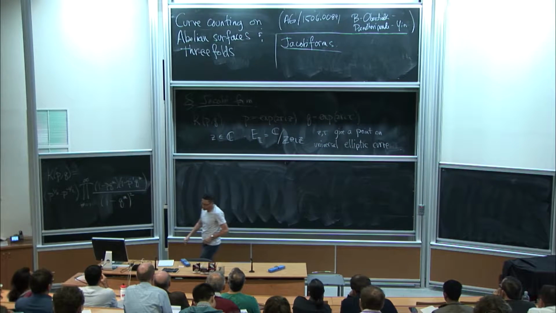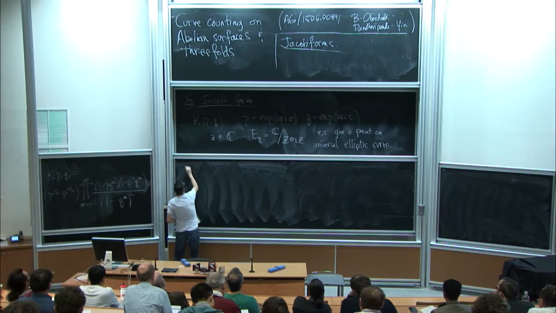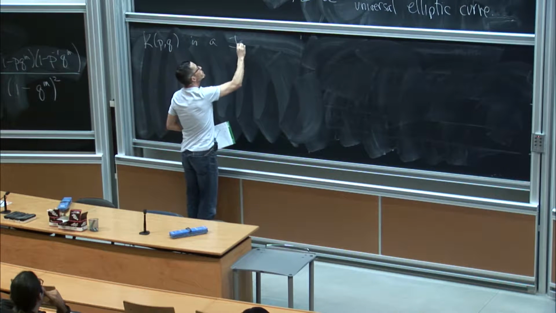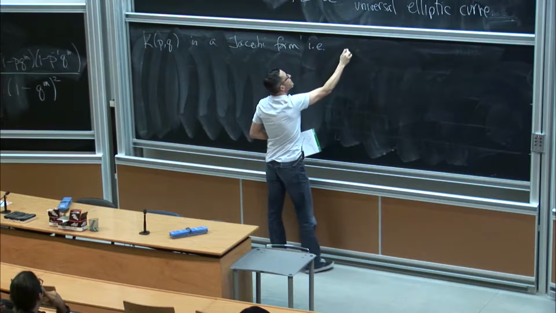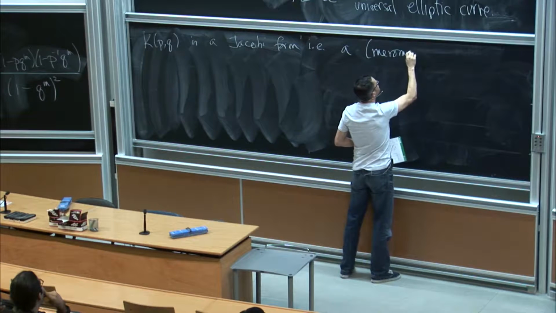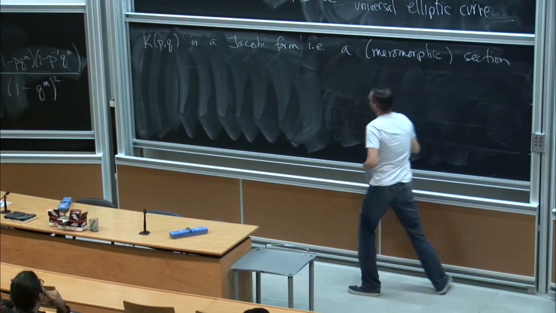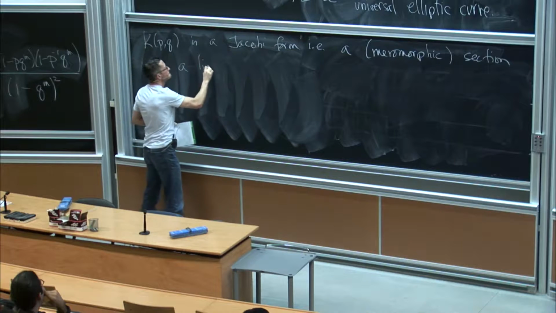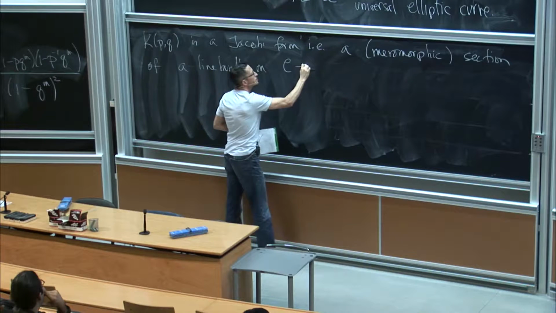Okay, so K(P,Q) is a Jacobi form, i.e., this one might be meromorphic, section of a line bundle on the universal curve.